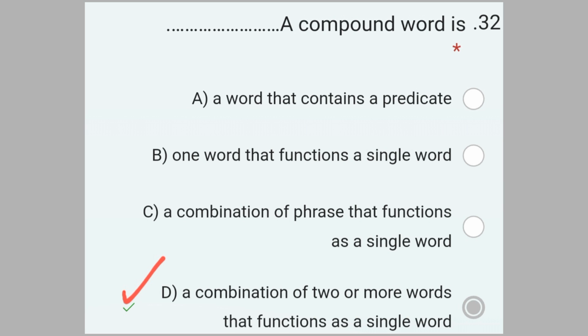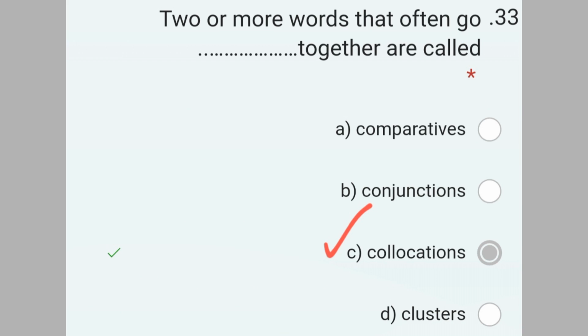B. One word that functions as a single word. C. A combination of phrases that functions as a single word. D. A combination of two or more words that functions as a single word.